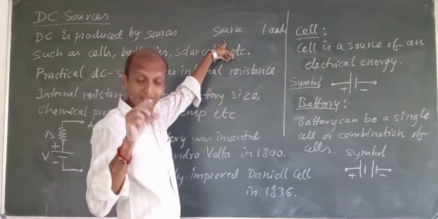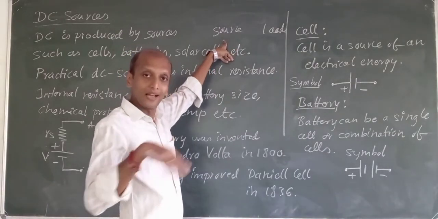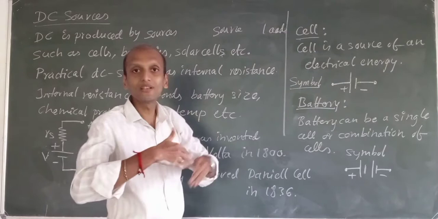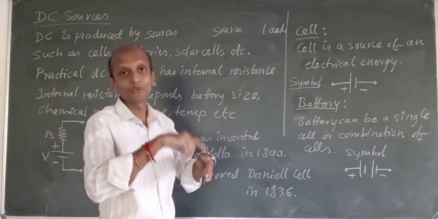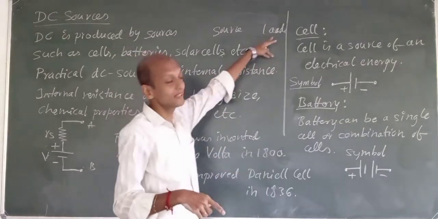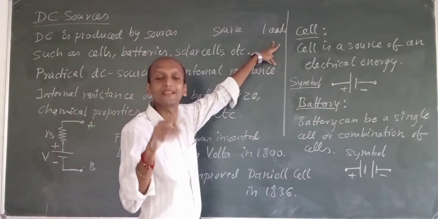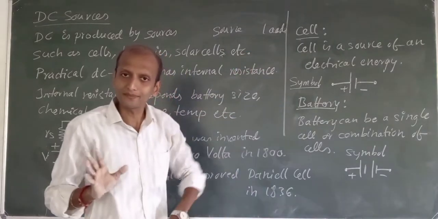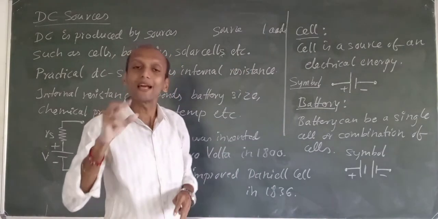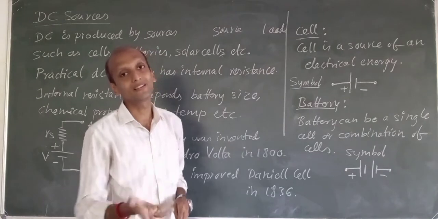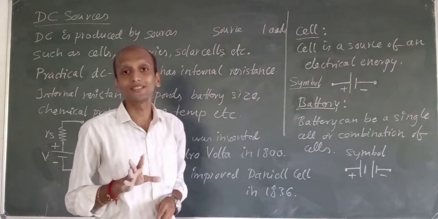We put a DC cell, and that voltage is available to the bulb. Its current flows and the bulb glows, and our task is done.